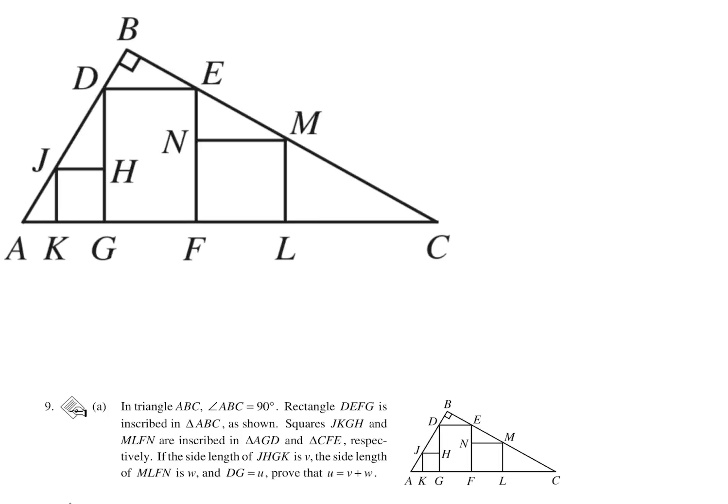So we need to label a lot of things here, but not too many. The first thing is this square JHGK.